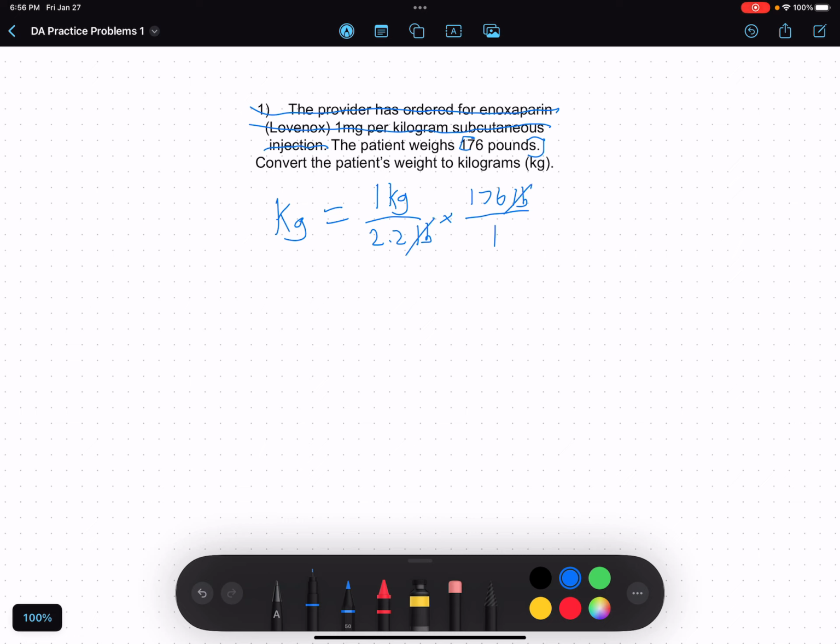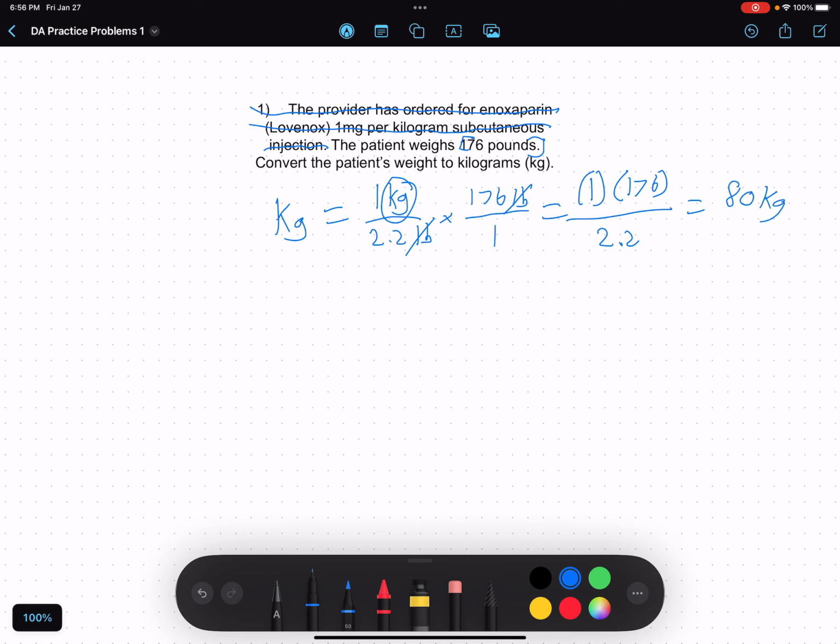And then we're just left with the kilograms, which is what we want. So we can go ahead and do this multiplication, which is 1 times 176 over 2.2, which equals, I believe, 80 kilograms.